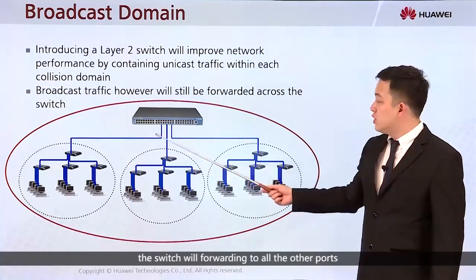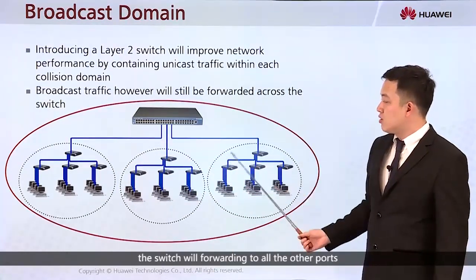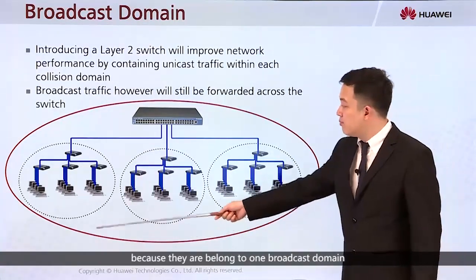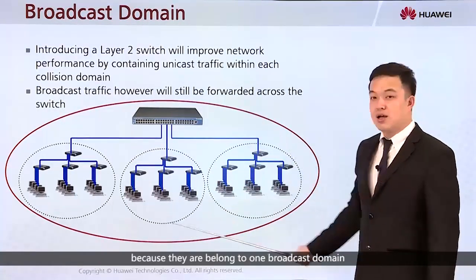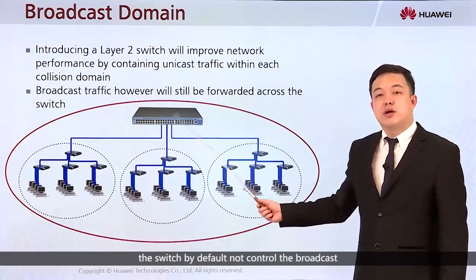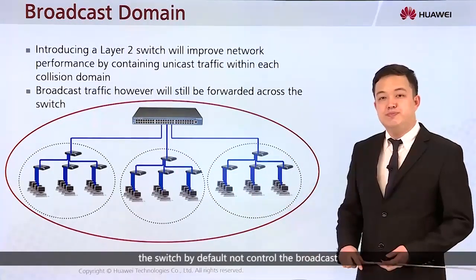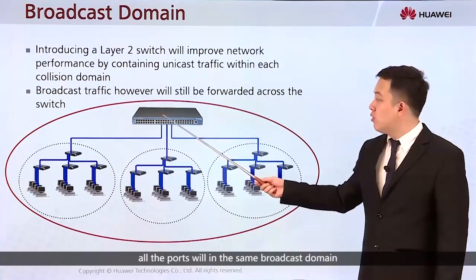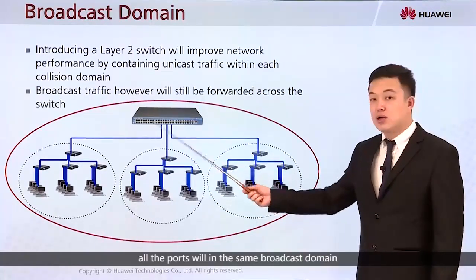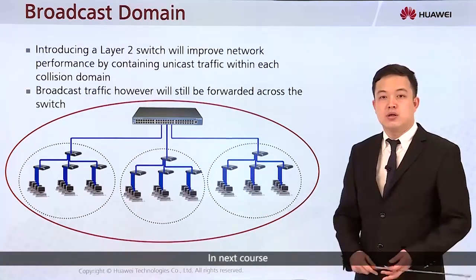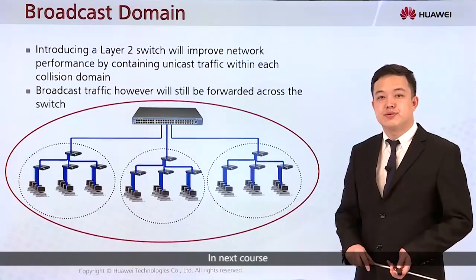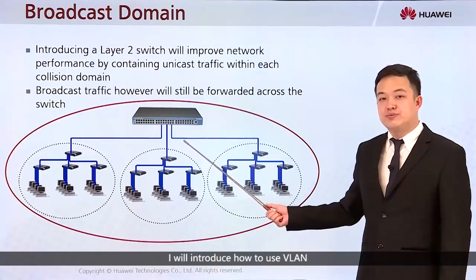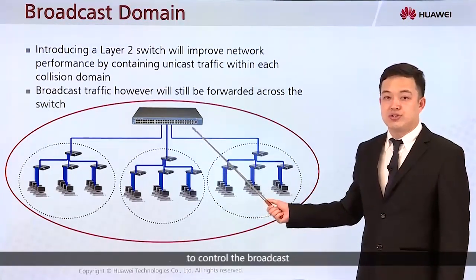The switch will forward it to all the other ports, because they belong to one broadcast domain. The switch by default does not control broadcast. All the ports are in the same broadcast domain. In the next course, I will introduce how to use VLAN to control the broadcast.